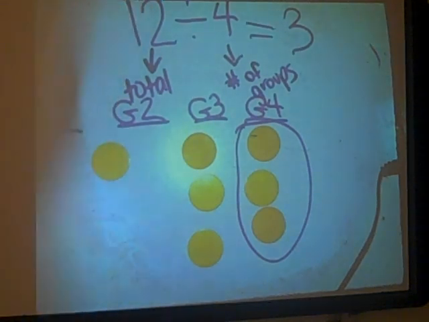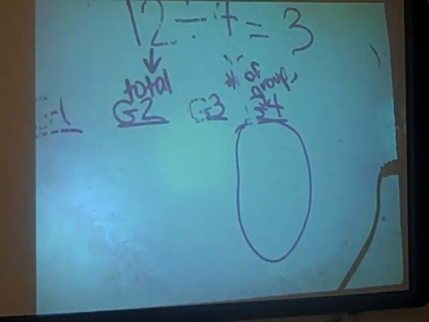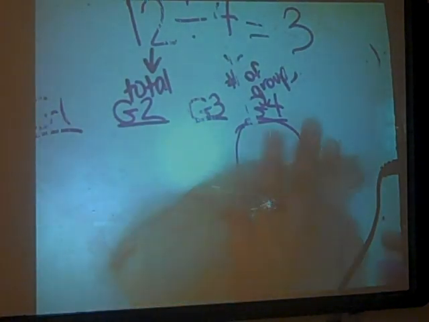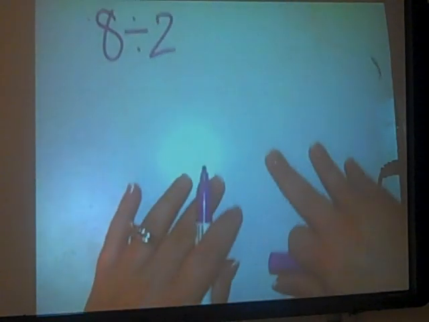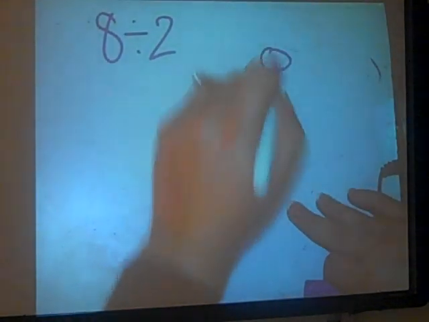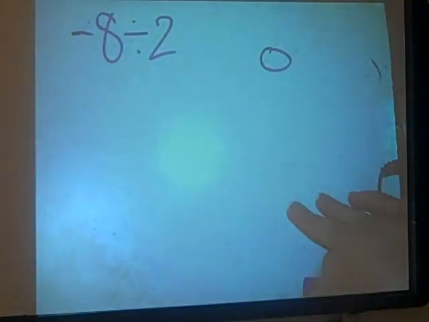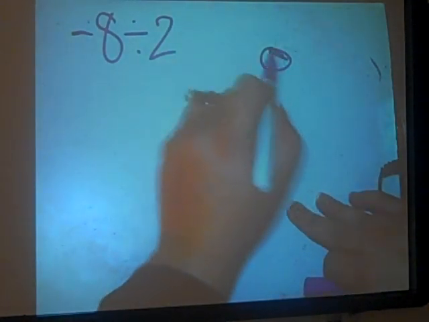Okay, let's look at another one, and this time I'm going to draw it out so you can see exactly how you need to do it. Okay, so this means that I need to have 8 off to the side. And let's actually make that negative 8 divided by 2, so I'm going to have negative 8 to the side.